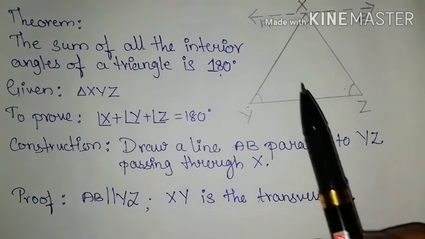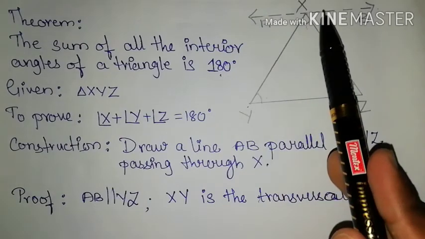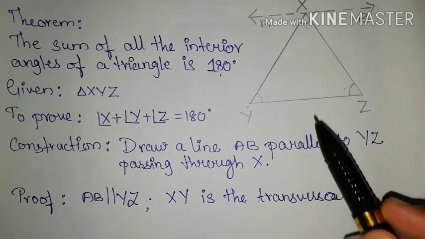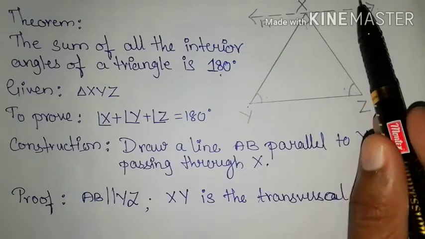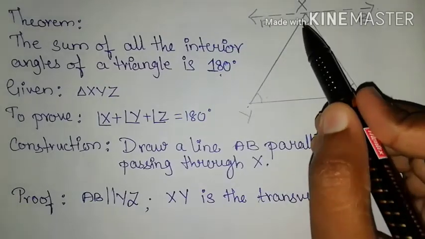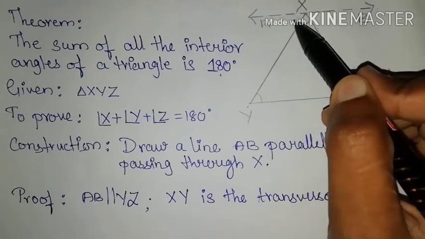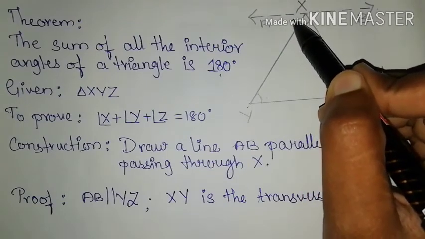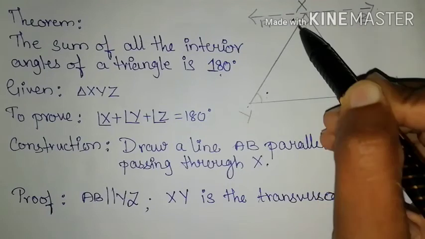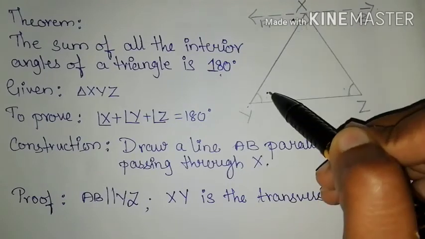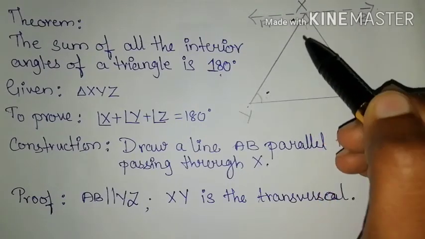Let us first only consider the transversal XY. Now if you look at the figure, XY is the transversal and AB is parallel to YZ. So this angle Y is equal to angle AXY because they are alternate angles.